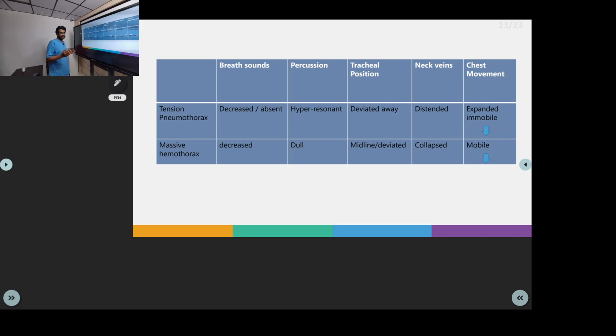In tracheal deviation, the trachea will be more deviated in pneumothorax, whereas mild deviation or midline trachea can be seen in hemothorax. And the neck veins will be distended in pneumothorax, whereas they will be collapsed or can be distended in hemothorax. And chest movements will be decreased in both conditions.